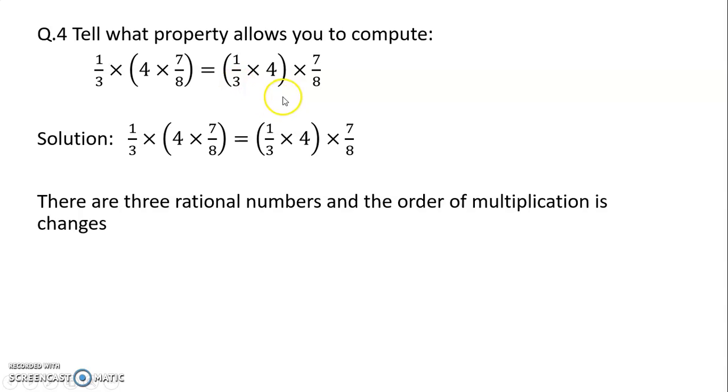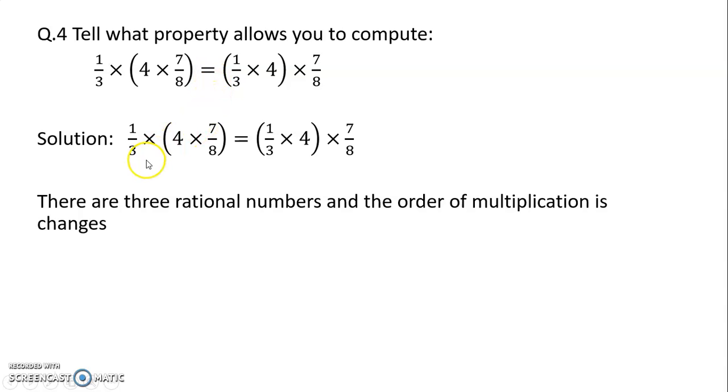Now they have written the same rational numbers on the other hand side, and they have changed the bracket. They have now kept the bracket with 1 by 3 and 4, and that means they have changed the order of multiplication when there are three rational numbers.